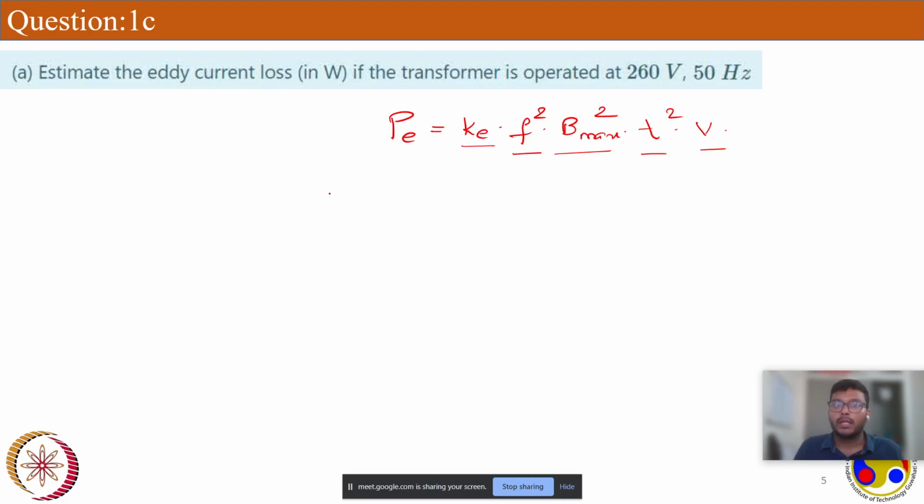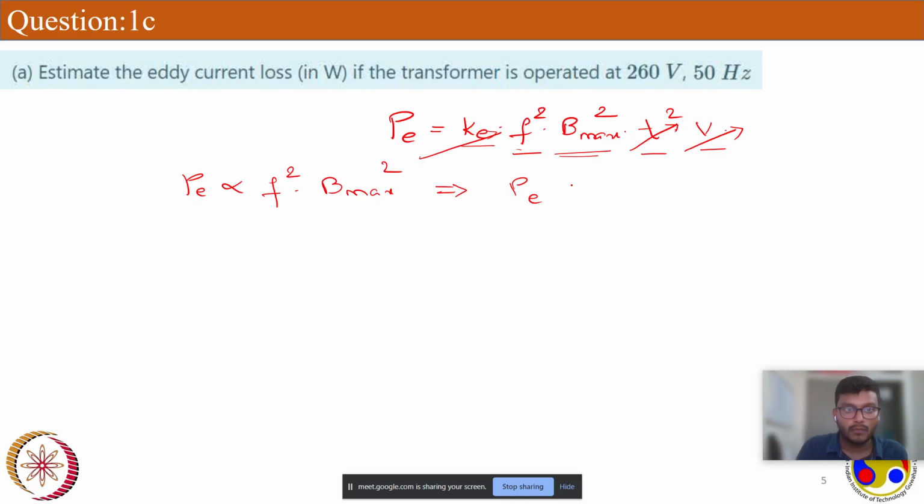Again, what are the proportionality parameters here? Ke is constant, thickness is constant, and volume is constant. Frequency and Bmax are the dependent terms. So the proportionality variables are F squared into Bmax squared. Now we replace Bmax by flux, so F squared into phi max squared.